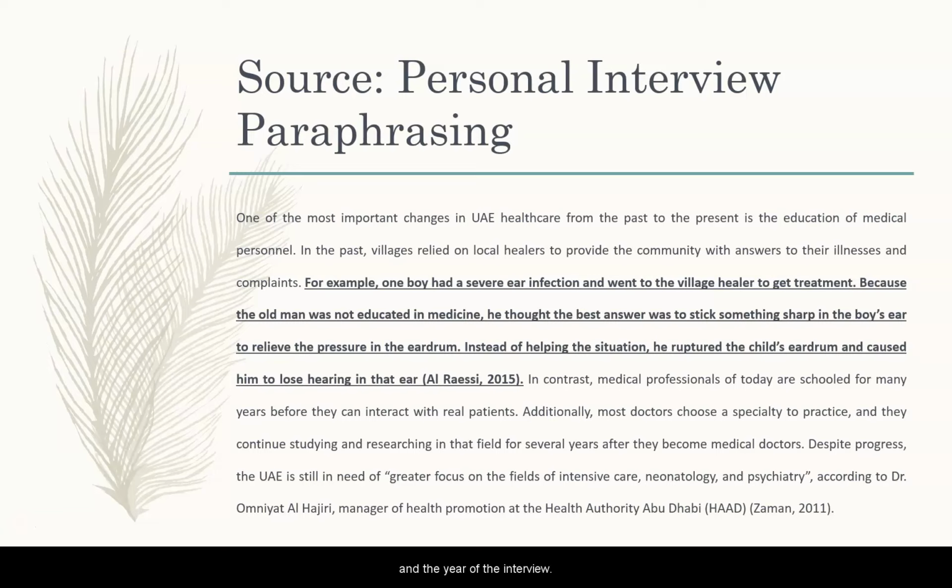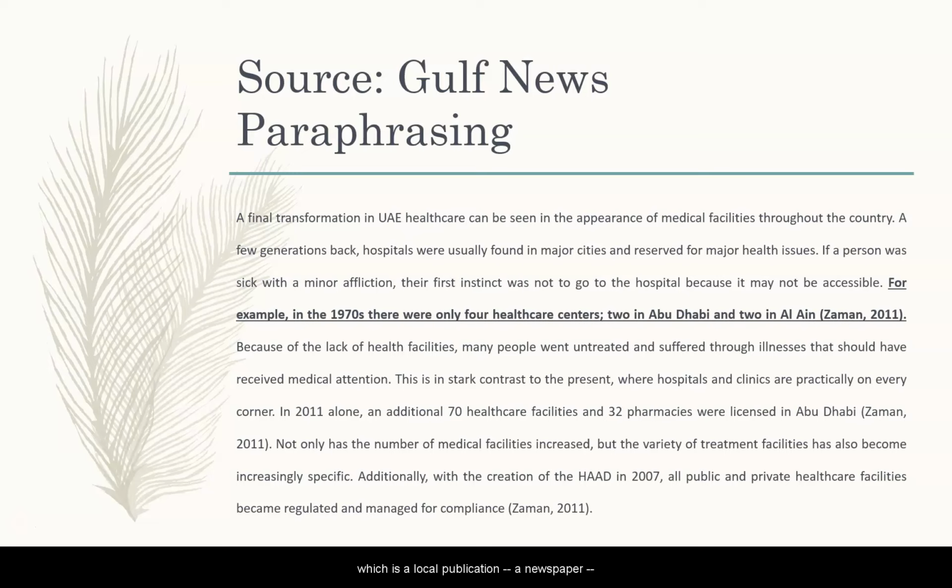In this second example, we're looking at the source of Gulf News, which is a local publication and newspaper. And again, we're paraphrasing. So if you look at the underlined sentence, you'll see that there are specific details that come from the article, but it's not quoted because we're not taking the actual sentence and putting it in the paragraph.